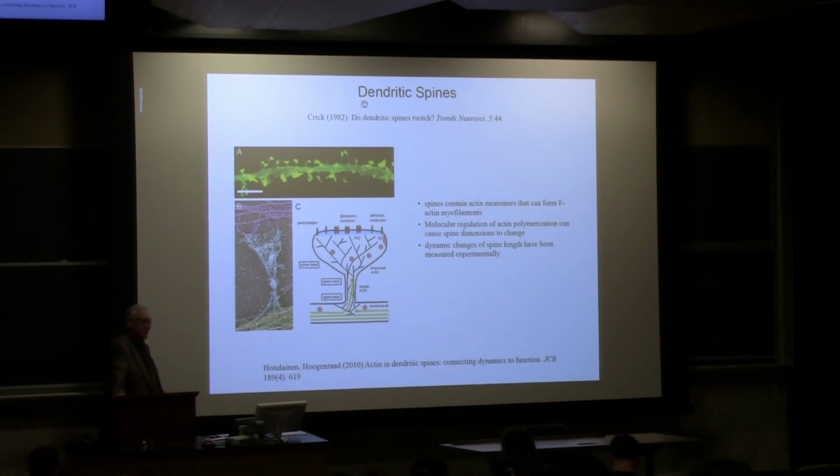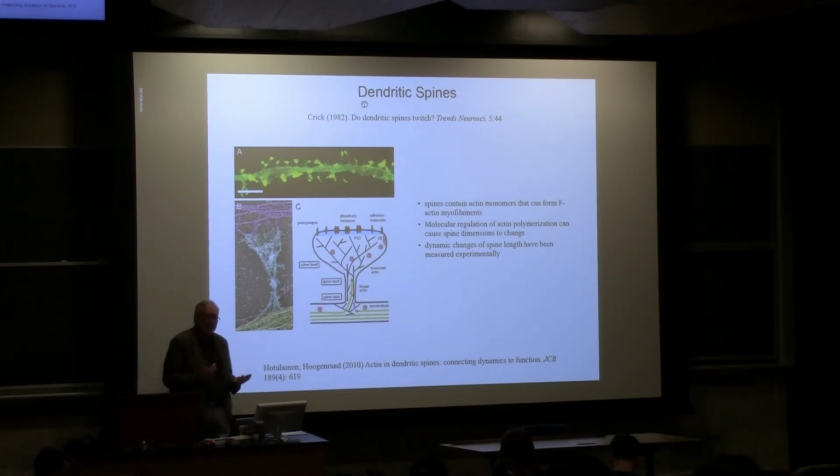And you know, actin is monomeric or polymeric. It polymerizes to form strands of actin monomers. And actin had just been found in the shaft of dendritic spines.